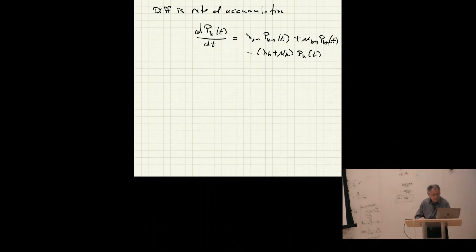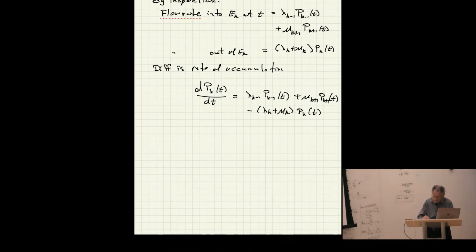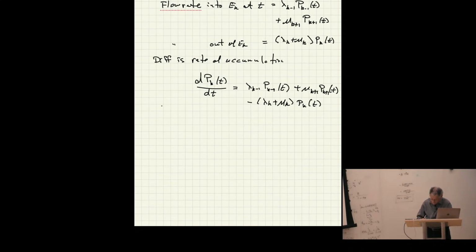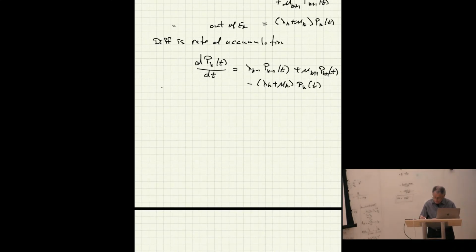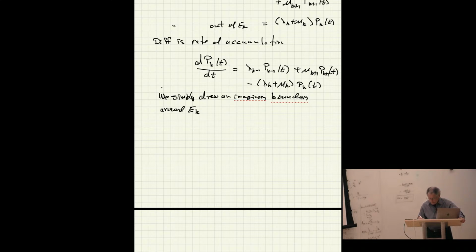So in some sense, to summarize, what we did is we simply drew an imaginary boundary around E_k and looked at the rate in minus rate out equals the rate of growth.